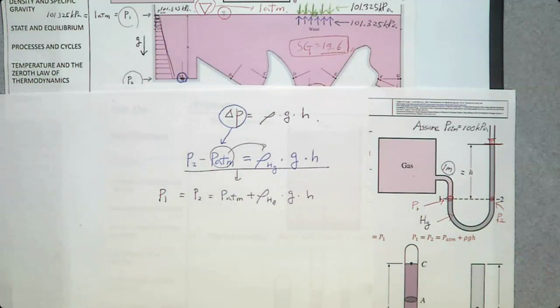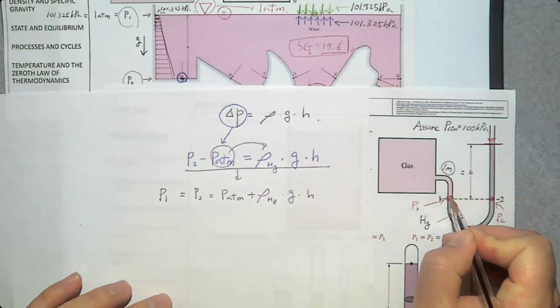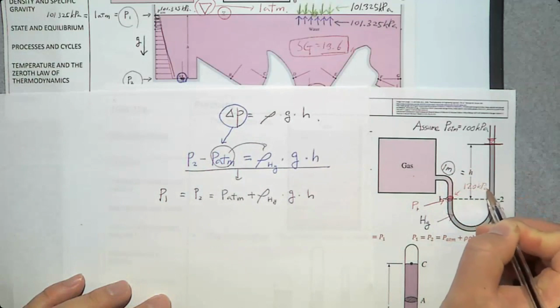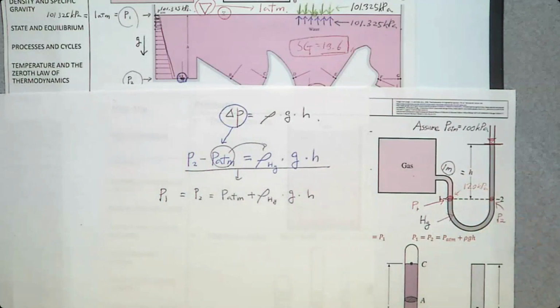P1 is the pressure of what? Mercury and gas. So the gas pressure in the chamber is going to be what? Technically, let's assume that this P1 is approximately 120 kilopascal. Let's assume that after you calculate this, you got P1 approximately 120.